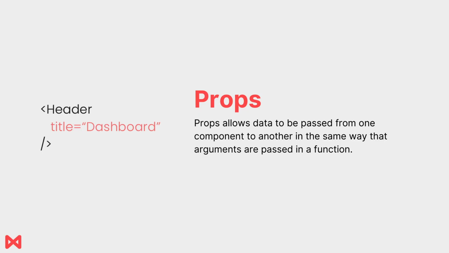Now let's talk about props, or properties. Props is a built-in React object that stores the value of a tag's attributes and functions similarly to HTML attributes. It allows data to be passed from one component to another in the same way that arguments are passed in a function.